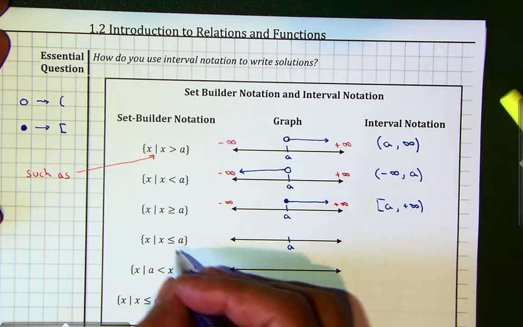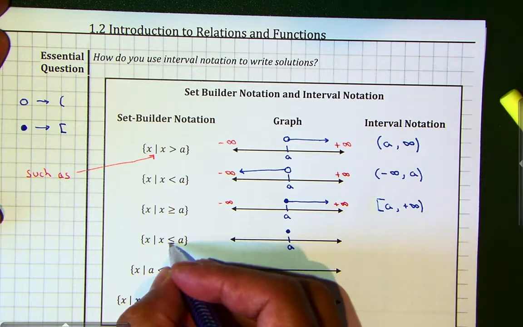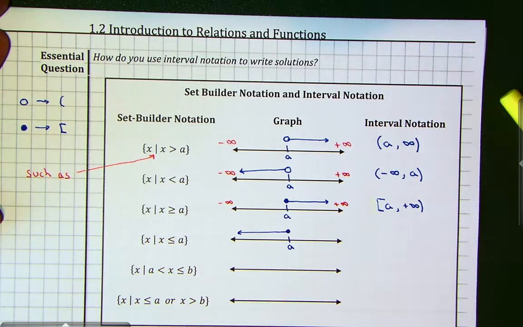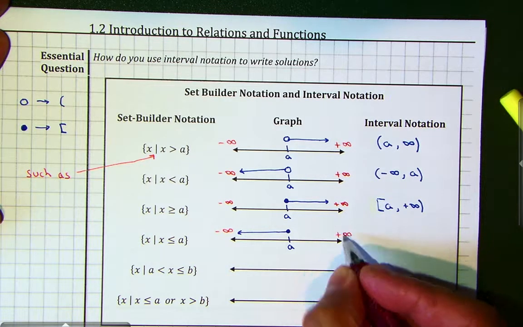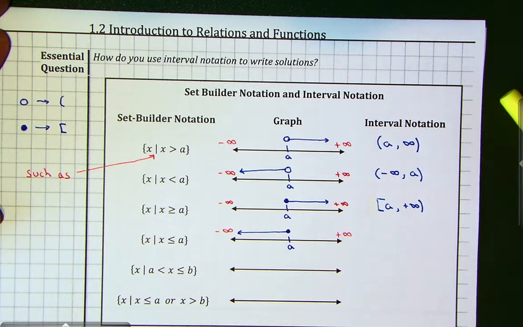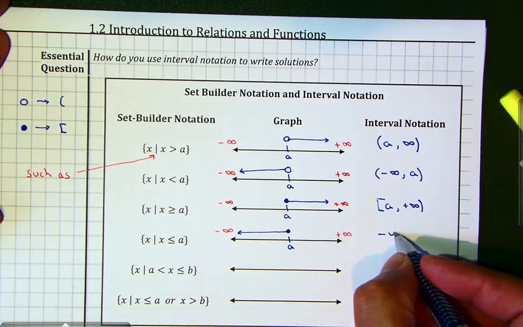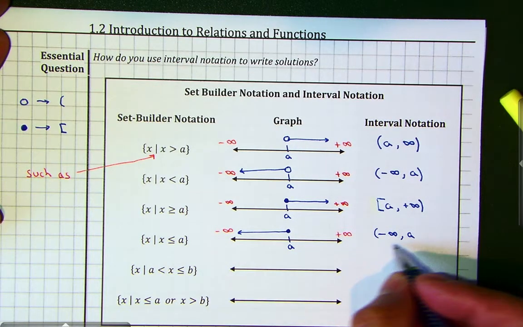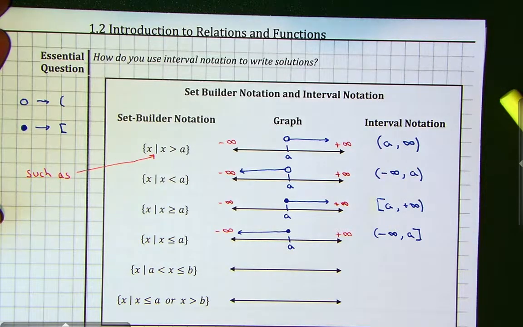In this case, it's including the value of a, so it's going to be closed. And all the values that are less than a are to the left. Negative infinity is on the left, positive infinity is on the right. So it will be from negative infinity all the way to a. Remember, infinity always gets a parenthesis. A, it's including the value of a, so it gets a bracket.